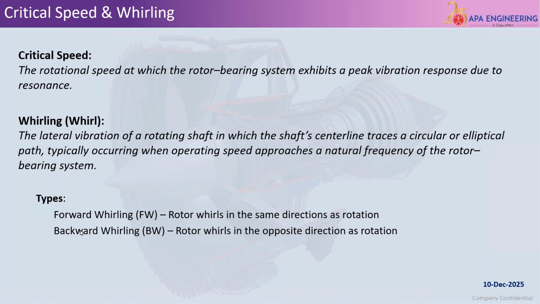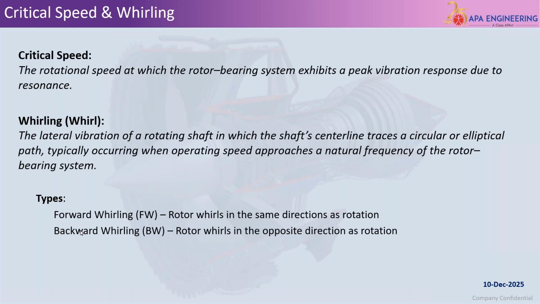Let's talk about whirling, or whirl motion. Whirl motion is the lateral vibration of the shaft, where the center line of the shaft traces a circular or elliptical path while it is spinning at a particular speed or frequency. There are two types: forward whirling and backward whirling.